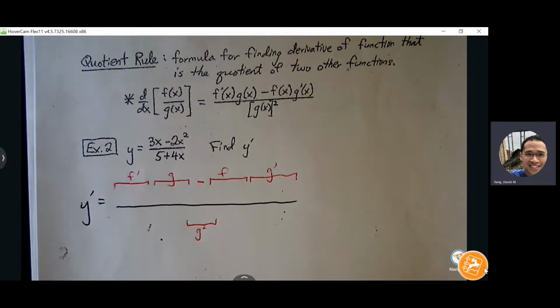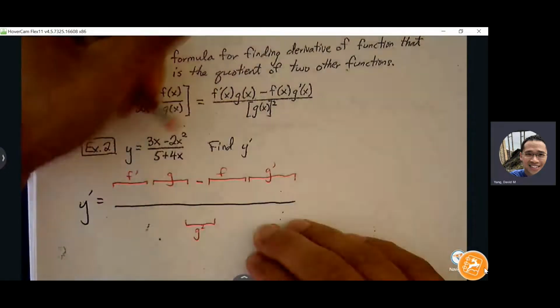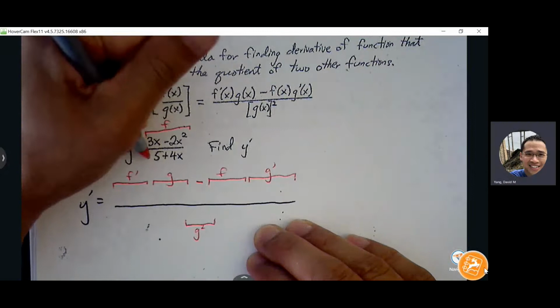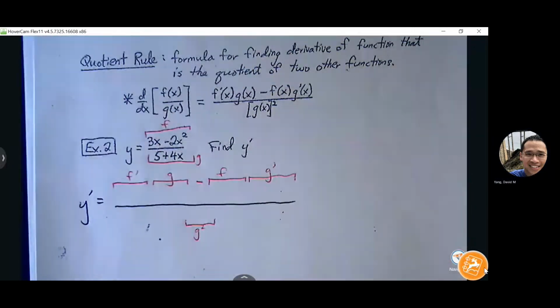So the top I'm going to call f. The bottom portion I'm going to call g.